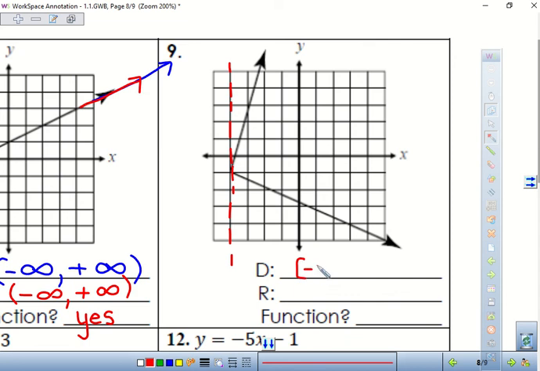And -4 is included, so I use a square bracket. The only time a point is not included and you don't use a square bracket is when they use a straight up open circle or it's infinity. Okay? Otherwise, we include it. And then it's going to go to the right forever, right? So, positive infinity, always use a curved bracket with that.